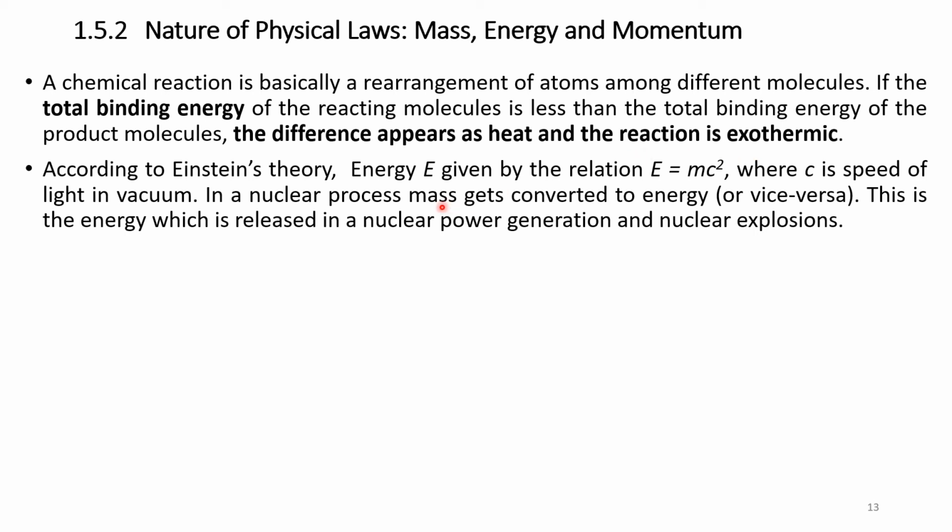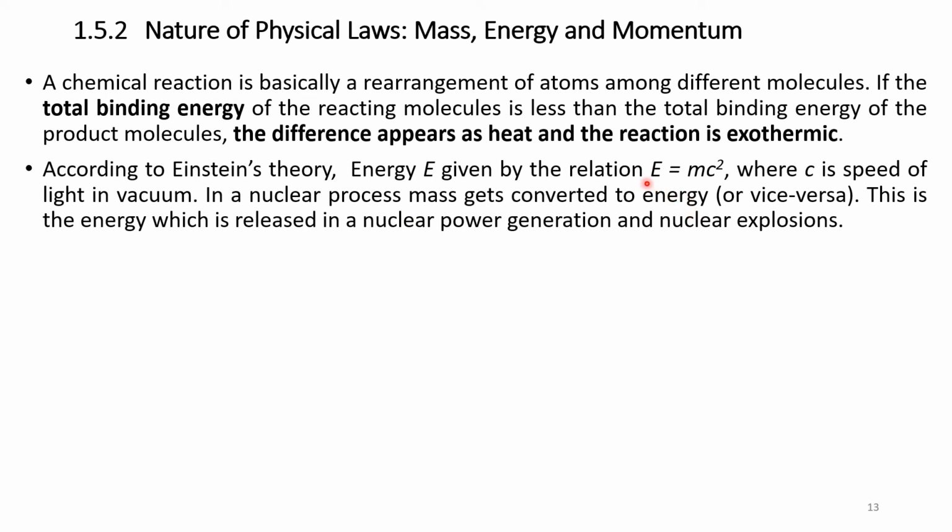According to Einstein's theory, the energy E is given by the relation E is equal to mc square, where c is the speed of light in vacuum. In a nuclear process, mass gets converted into energy.